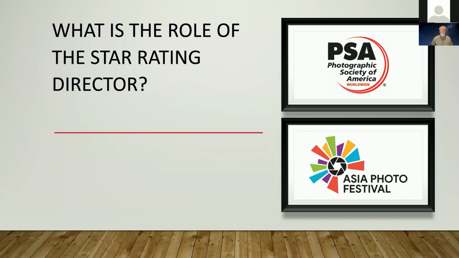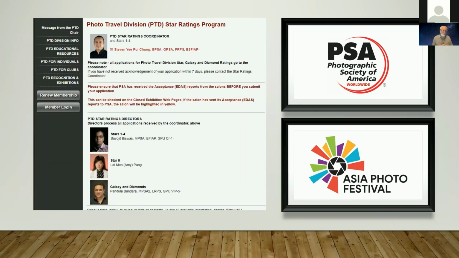For example, if you clicked on the link to the photo travel division, this is what you'd see. In the photo travel division, there are actually four different people designated as Star Ratings Director, but Stephen is designated as the Star Ratings Coordinator, and he's the only one on the page with a link to his email. You can't contact these other people directly, but they will be processing some of the applications.